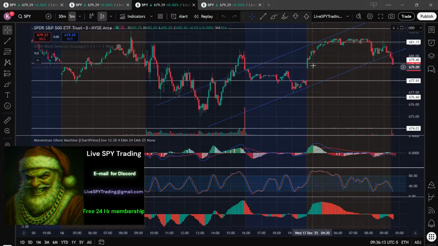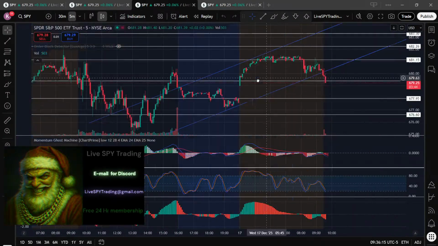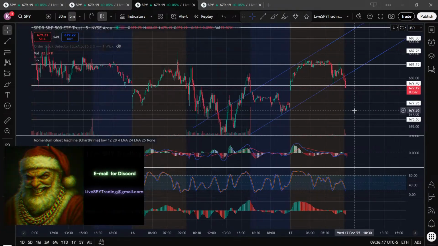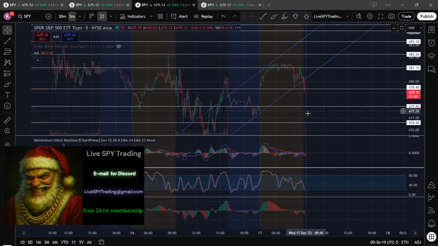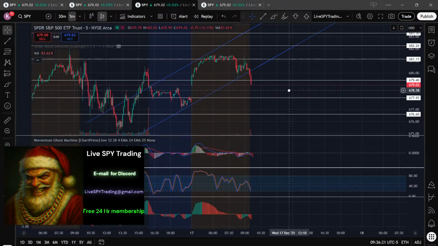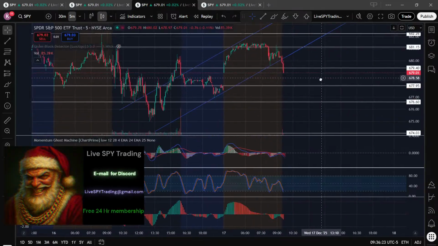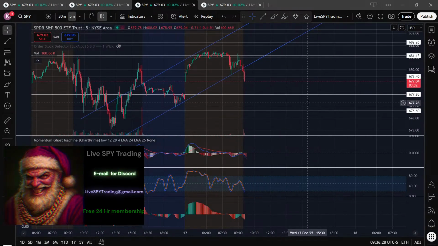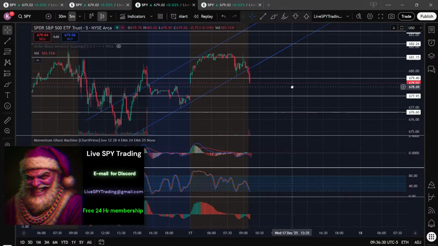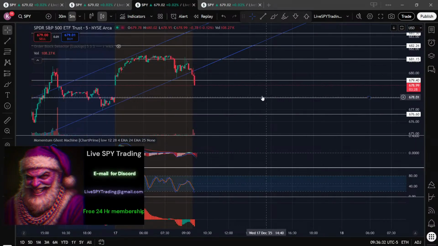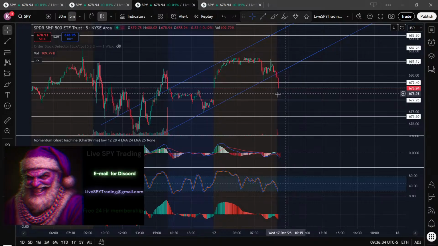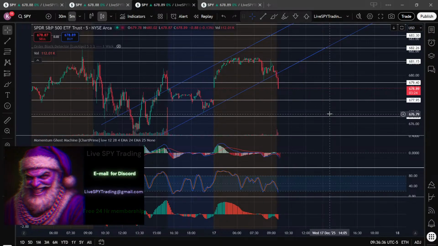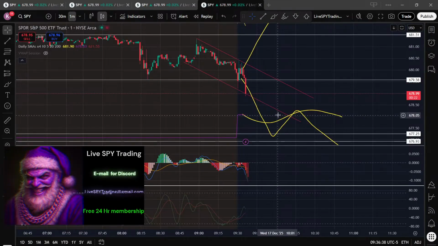So if we look at our higher time frame, okay, we're already breaking our blue on our 5 minutes. So let's see how they react if they get down to 77.95.